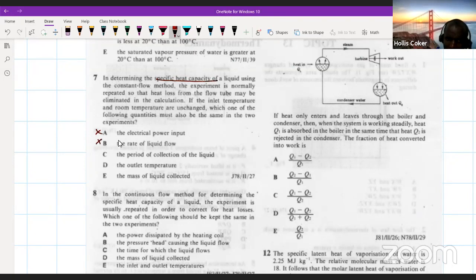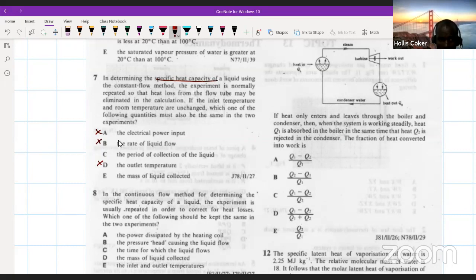The period of collection of the liquid. Now, you're collecting the liquid just to get the mass flow rate. Now, you have two different masses. The outlet temperature is supposed to be the same. Now, if you collect, the mass flow rate has to be different. Right?